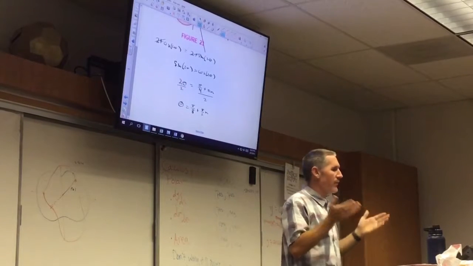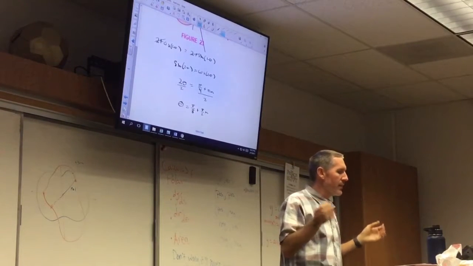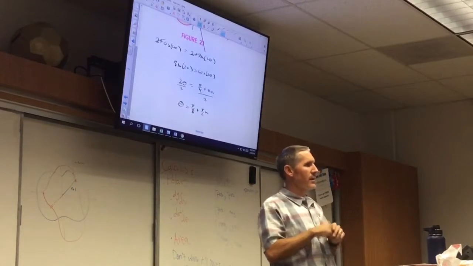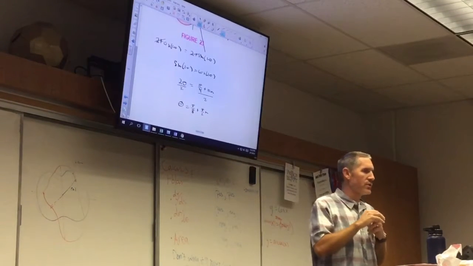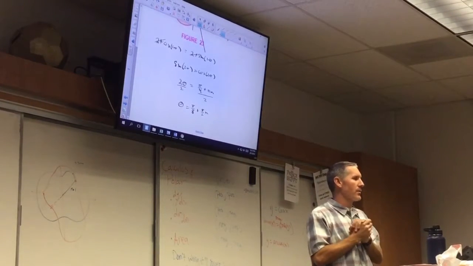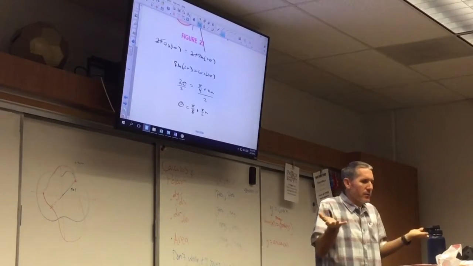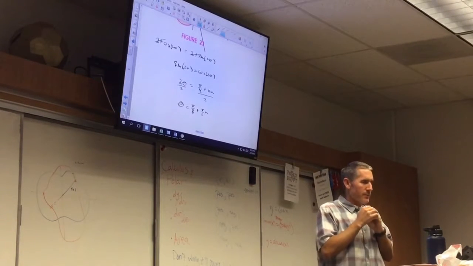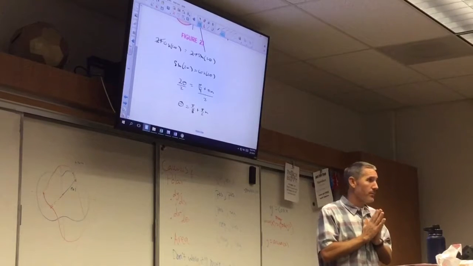Here, I could have divided both sides by cosine of 2 theta to get that tangent of 2 theta is equal to 1. So that gives me tangent, which is positive in quadrants 1 and 3, which are pi radians apart. So it's all based on what the trig functions are that you're dealing with. Did that answer your question or no?